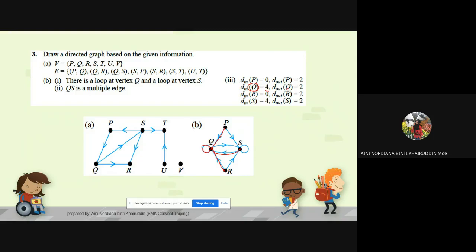For D out, 2, 1, and loop 2. Okay. So same goes to vertex R and S. So this is the answer for B.